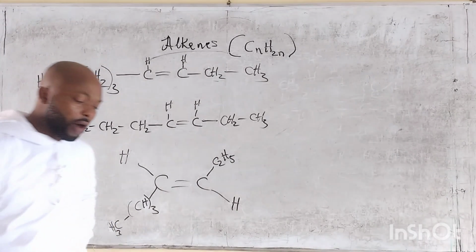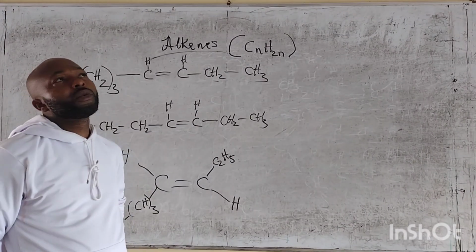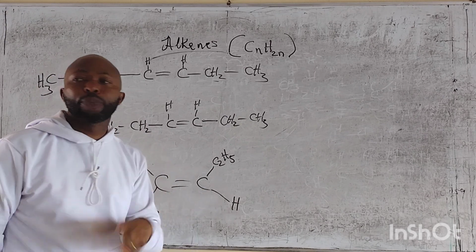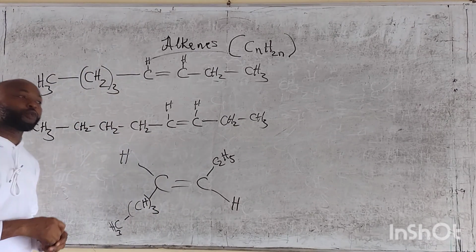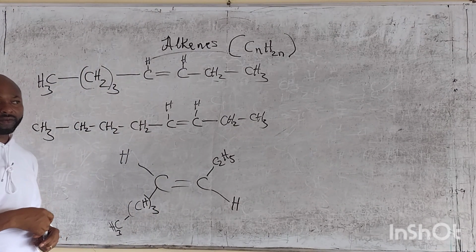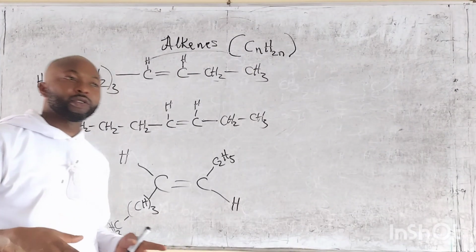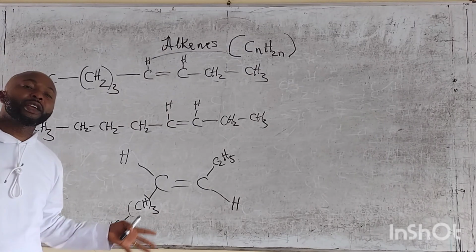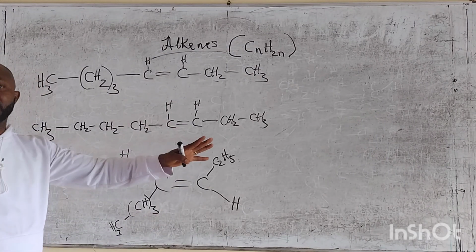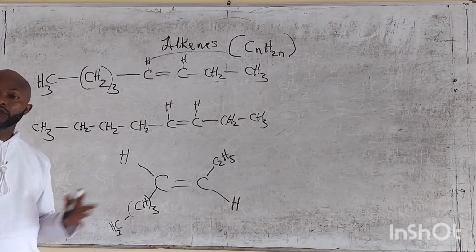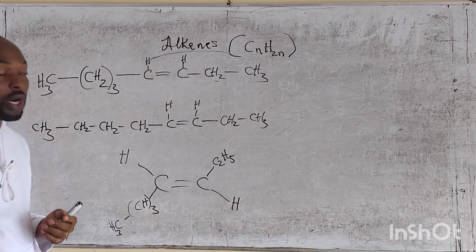For a compound to be able to rotate plane polarized light, it must have what we call the chiral center, otherwise called the chiral carbon. The chiral carbon is that carbon that has four different substituents. They are not the same. So now we are talking about optical activity.